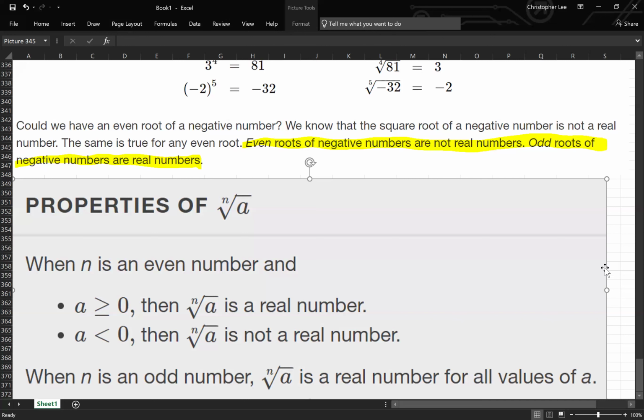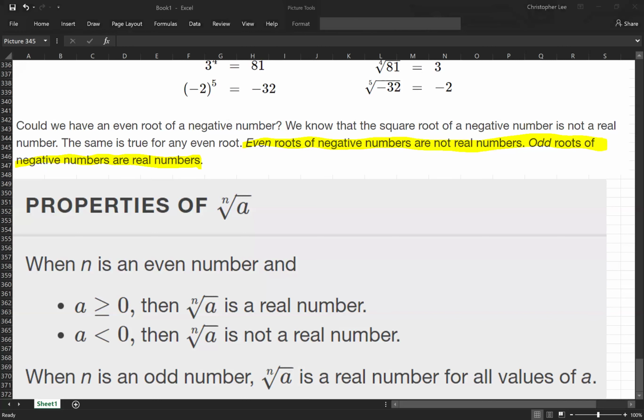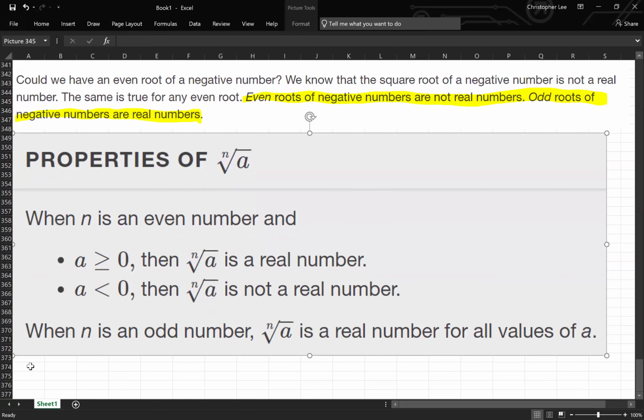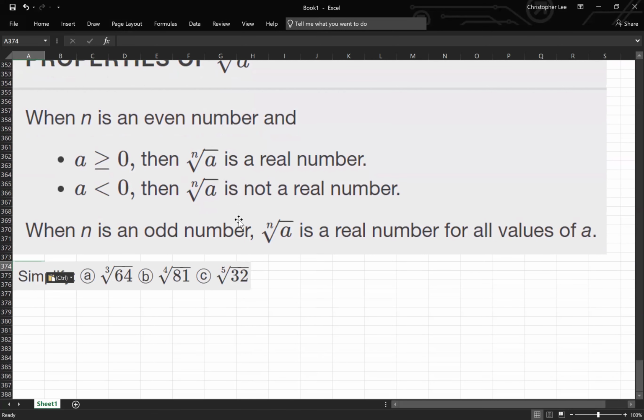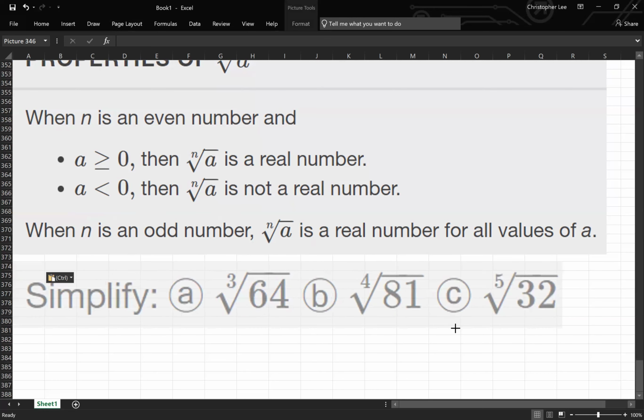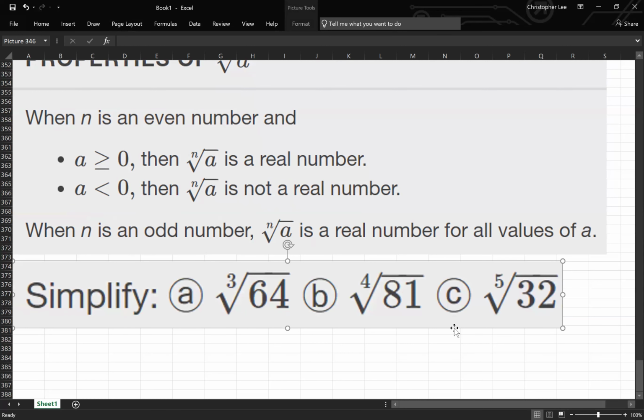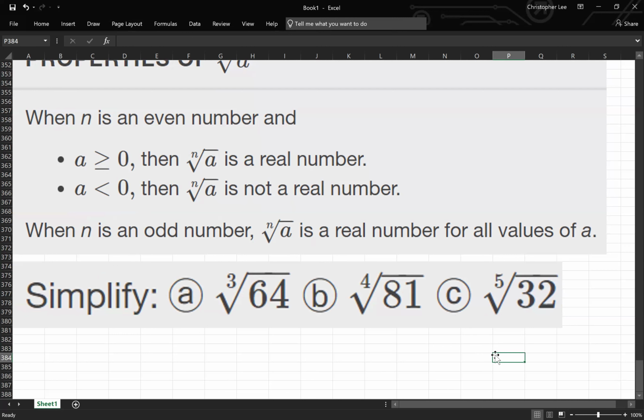When n is an odd number, the nth root of a is a real number for all values of a. You guys try that out.